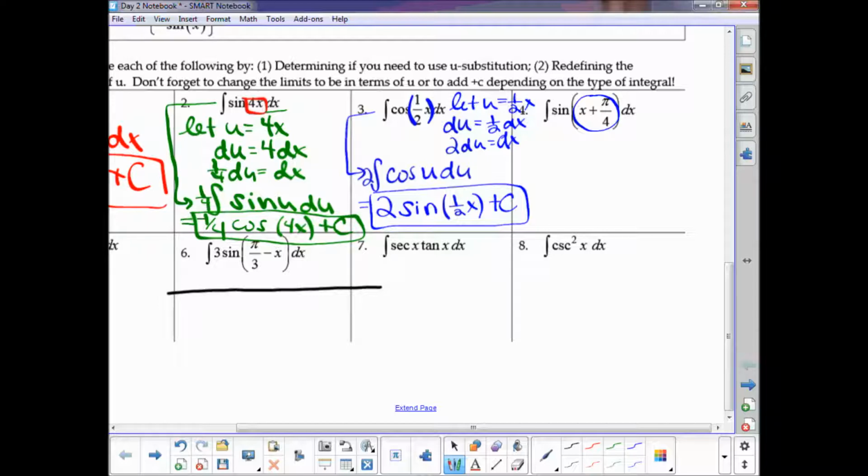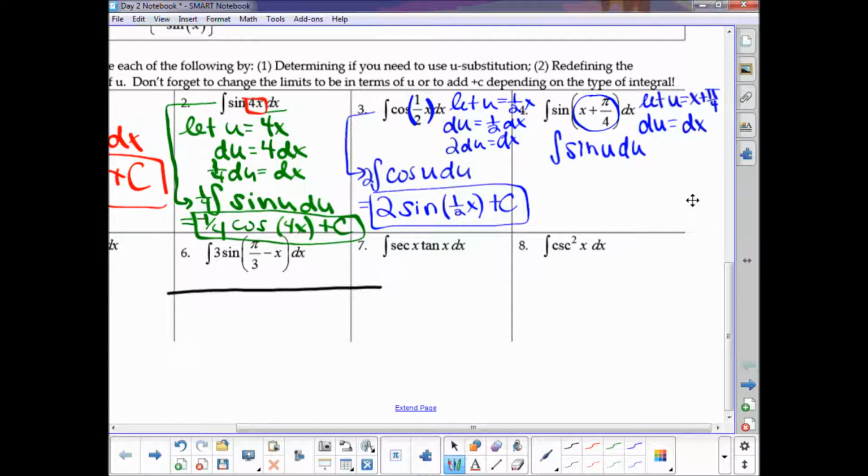Okay, so for number 4 here, we're going to let u be that inside there. So let u be x plus pi over 4. What would du be? What's du going to be for this thing? Yeah, just 1 dx, right? Derivative of x is just 1, derivative of pi over 4 is nothing. So then I can rewrite this as the integral of sine of u du.